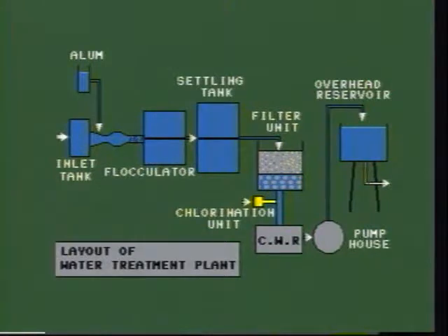This is the schematic diagram of the water treatment plant. Inlet tank receives and collects water from intake works. Thereafter, alum is added. After this, water enters the flocculators where flocks are formed by continuous agitating of water-alum mix.